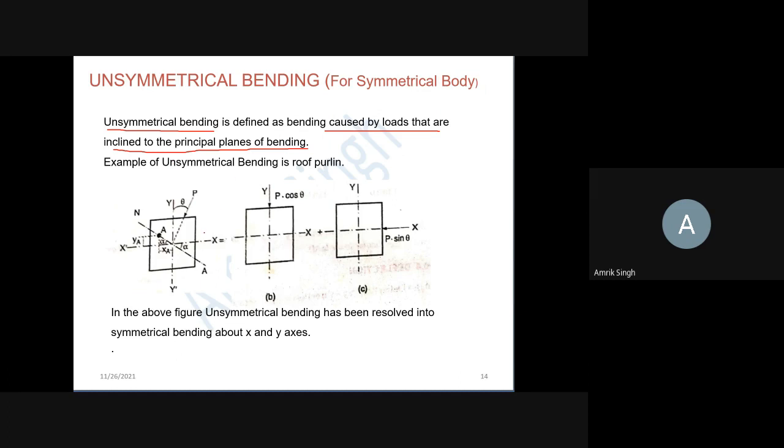Here, if you see, the section is symmetrical about the x-axis and y-axis, but the loading plane is not in one of the planes, so it will create unsymmetrical bending. For example, the roof purlin. You must have seen roofs like this. There are truss-like structures.